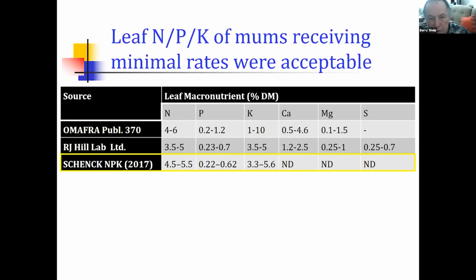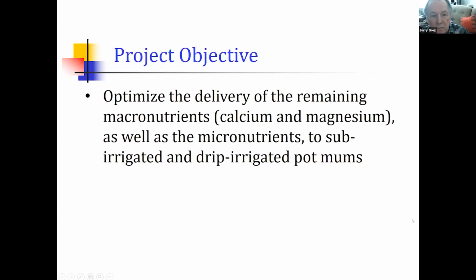So this brings us to our current project, which is to optimize the delivery of calcium and magnesium, as well as the micronutrients, in sub-irrigated and drip-irrigated systems. As above, we focused on removing the nutrient supply during vegetative growth in combination with the removal of the nutrient supply during reproductive growth, and nutrient status was assessed using the diagnostic leaf at bud break.